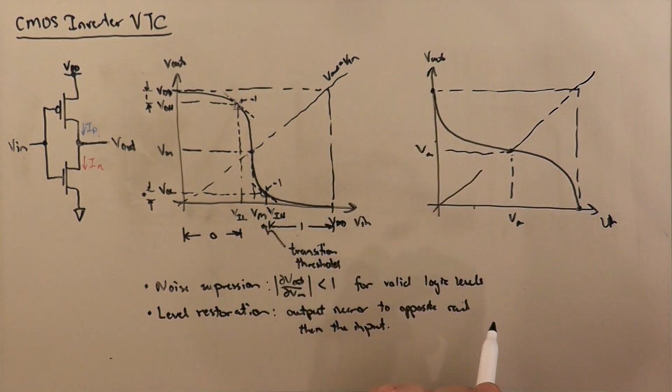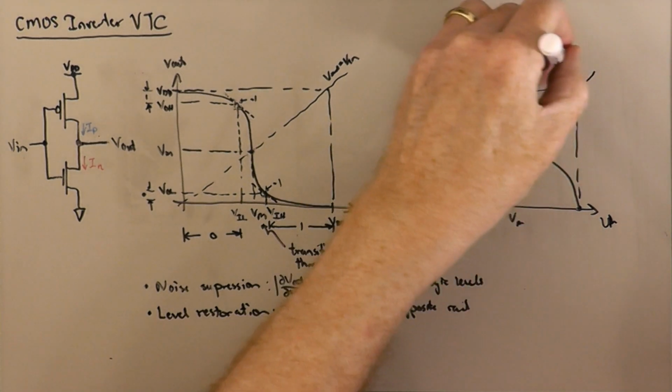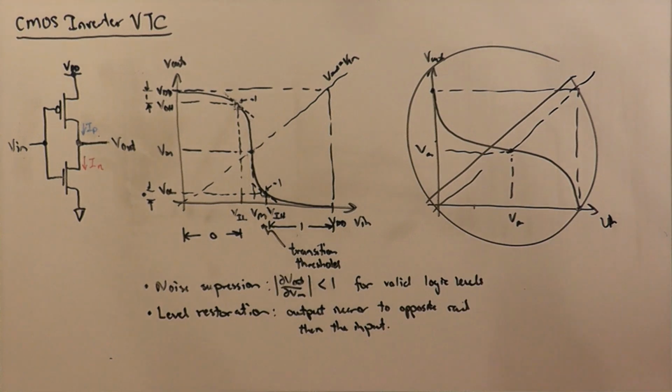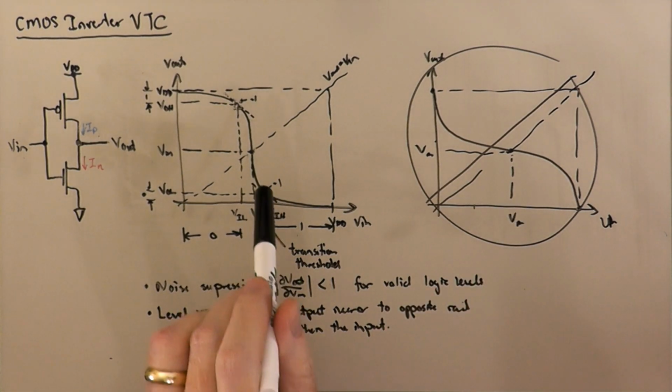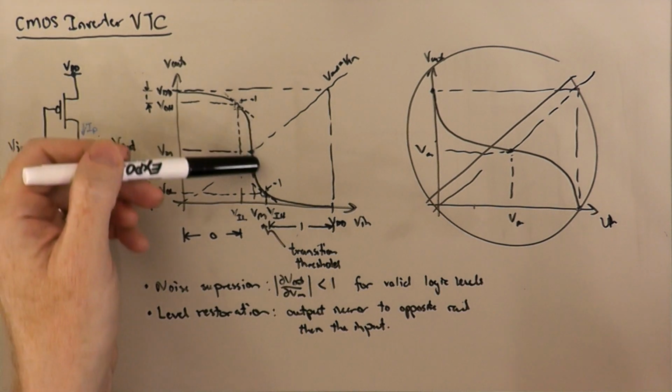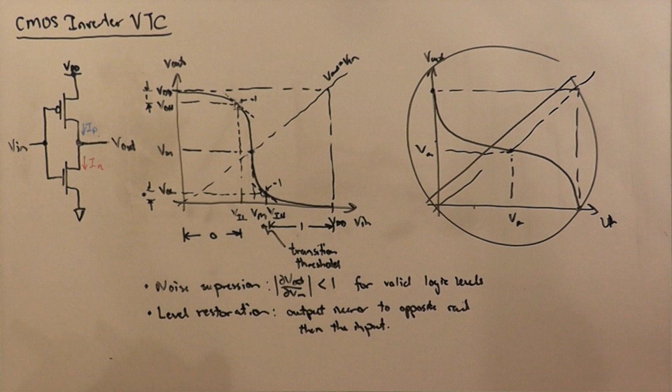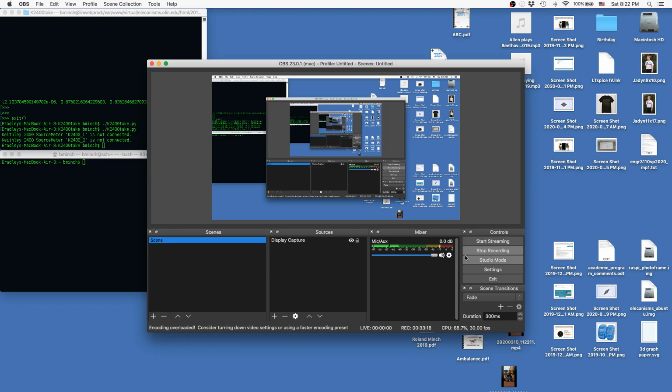This is a recipe for disaster. We could not make reliable digital systems with many, many stages of logic with this type of voltage transfer curve. So the shape of this curve, with a steep part in the middle and shallow parts on the ends, is quite vital for building reliable digital systems. I think that's going to be it for this particular segment.